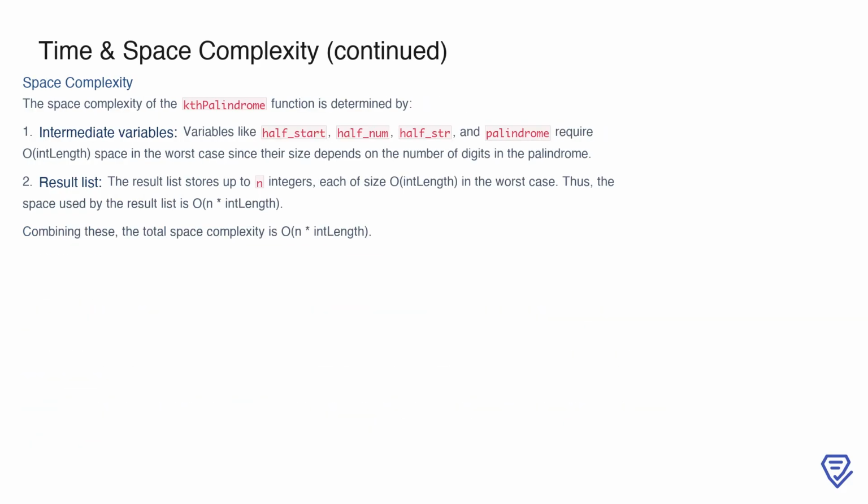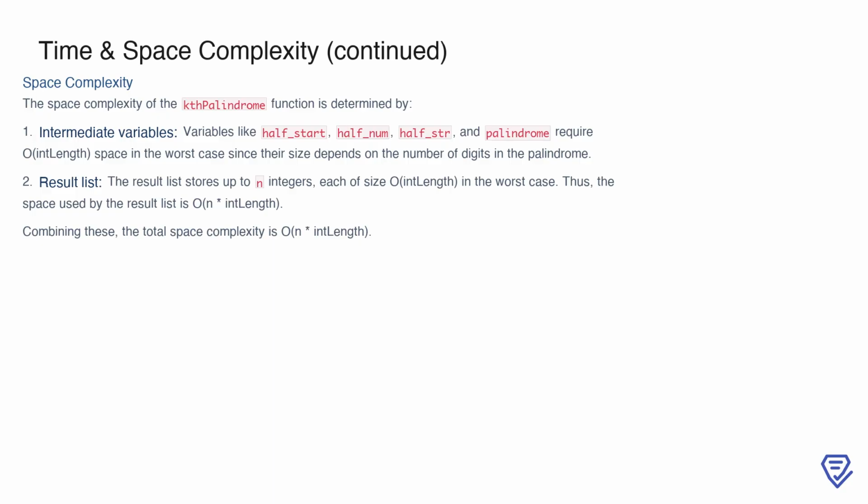For space complexity, we start by examining the intermediate variables used in the function. Variables like half_start, half_number, half_str, and palindrome require space proportional to the number of digits in the palindrome. Since the palindrome is derived from int_length, these variables take up O(int_length) space in the worst case. The result list, which stores the output for all queries, contributes the most to the space usage.